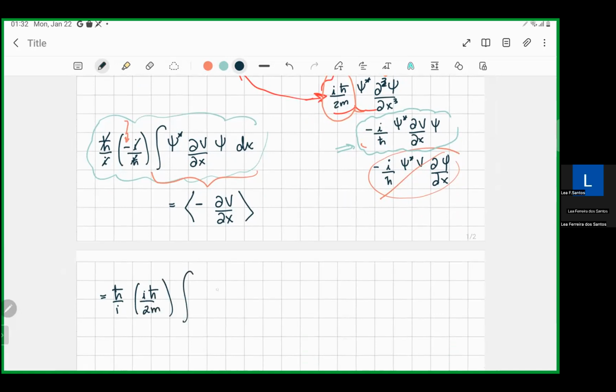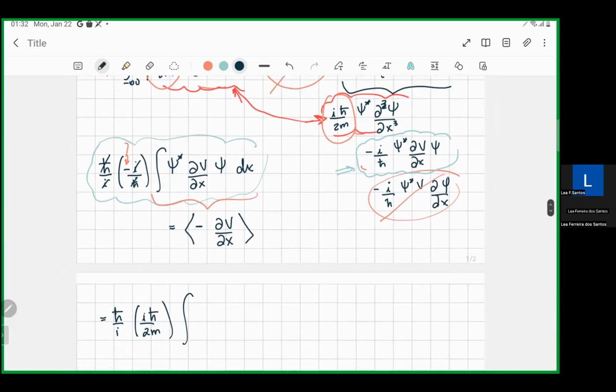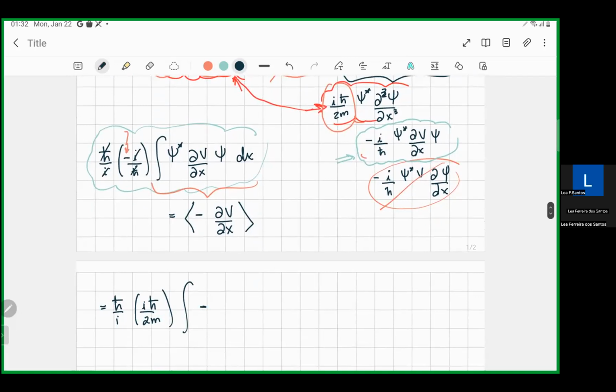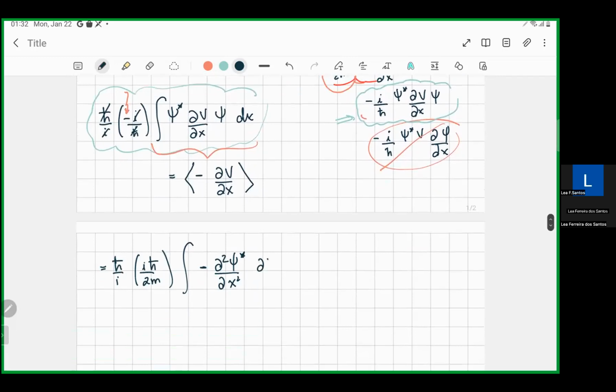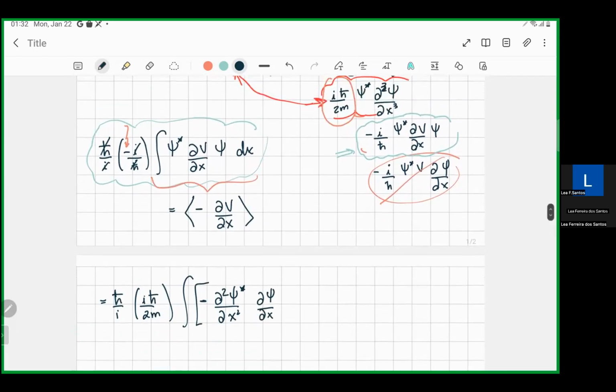Then in the integral, the first term there is a minus, and then we have the second order derivative of the psi star, the conjugate, with the first derivative of psi, okay? And the third derivative that we have is this term here. Oops, third.